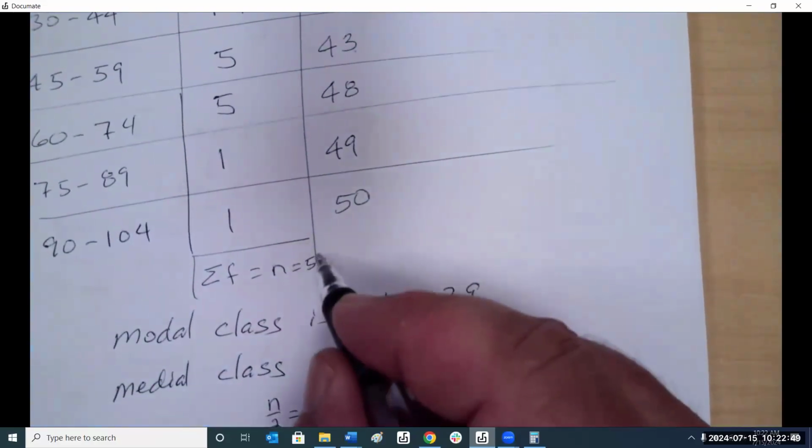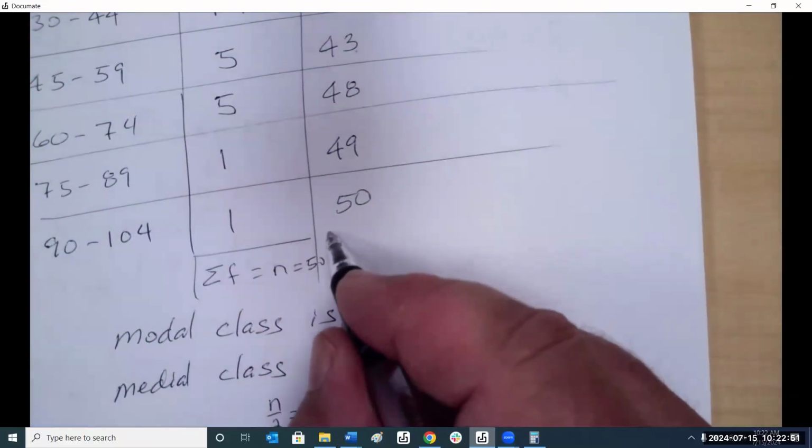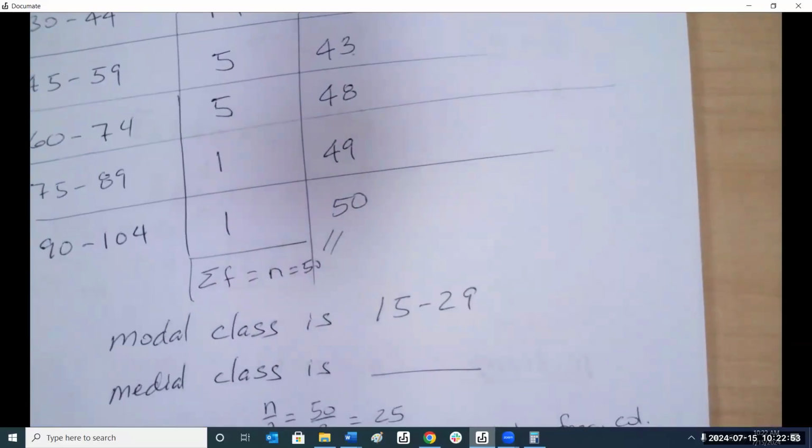We know that from 30 to 44 and below, there are 38 pieces of data. It just keeps on counting up to the next level. It's also a way we can check to see if our calculations for n were correct, because the cumulative frequency and the n should be the same number at the very end.